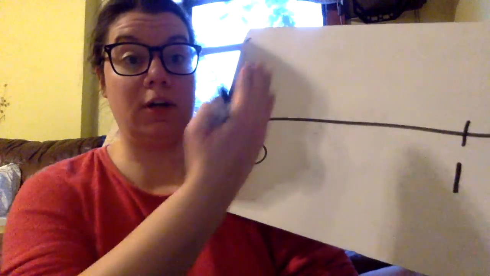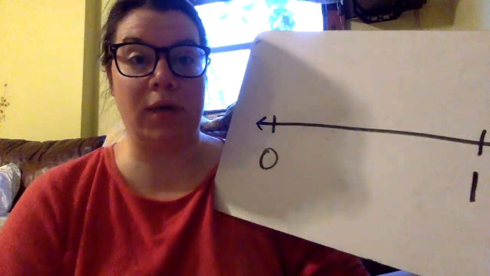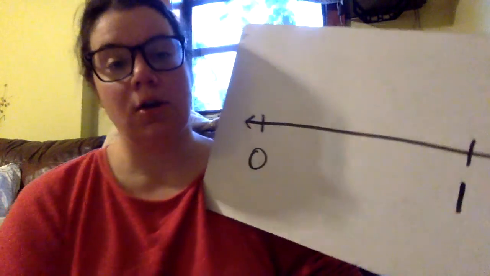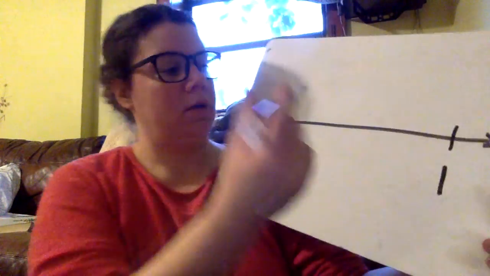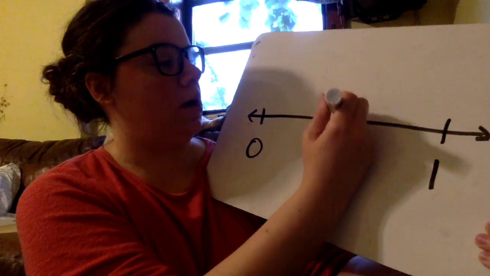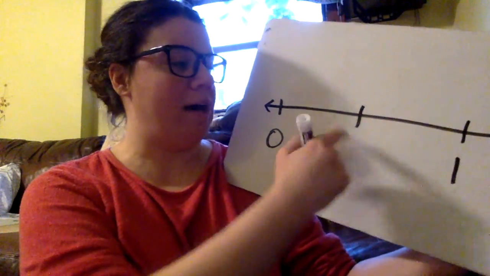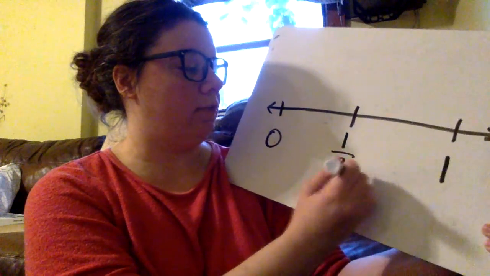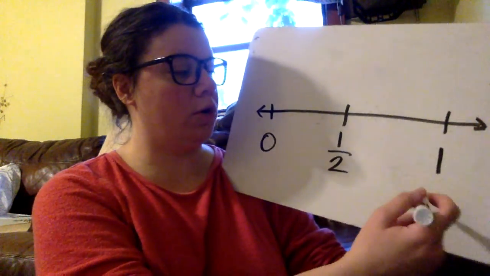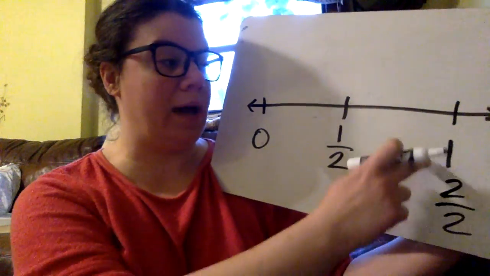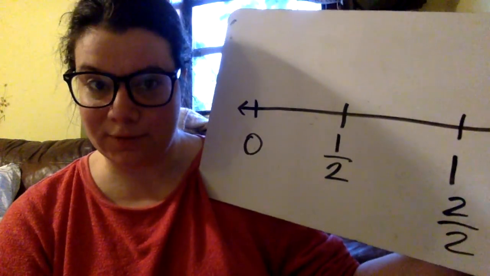And our fractions are going to be the equal pieces that we cut our one whole into on this number line. So if we were going to cut our number line into two pieces, the halfway point would be 1/2. Our one whole could also be 2/2. And we know that 2/2 is the same as one whole.